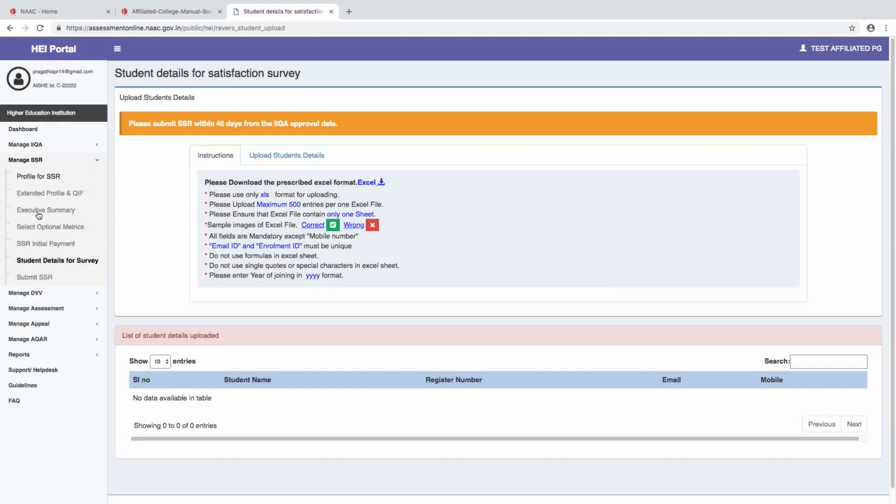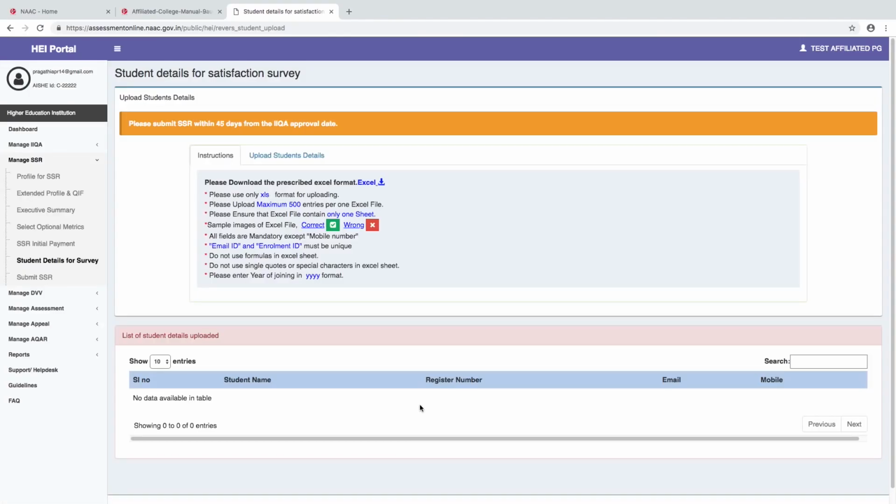Now coming to the student details for student survey, as said earlier, we have a pending section here in 2.7.1 as the student details that we are supposed to give for the online survey. This could be done by downloading the Excel file here and filling up the details in this.